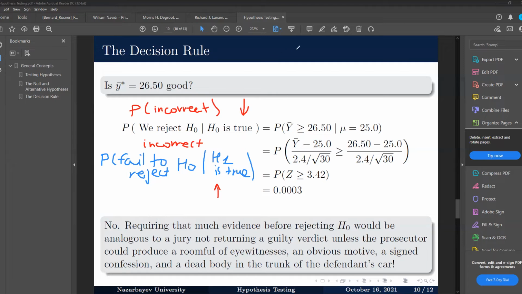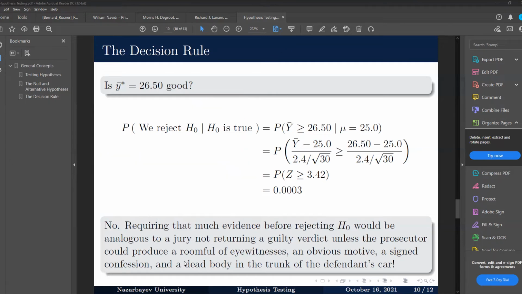So the answer is no. Requiring that much evidence before rejecting H naught would be analogous to a jury not returning a guilty verdict unless the prosecutor could produce a room full of eyewitnesses, an obvious motive, a signed confession, and a dead body in the trunk of the defendant's car.